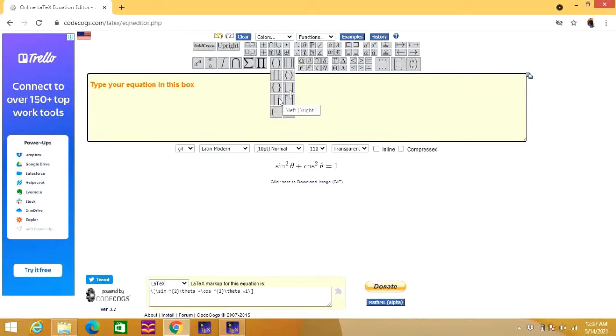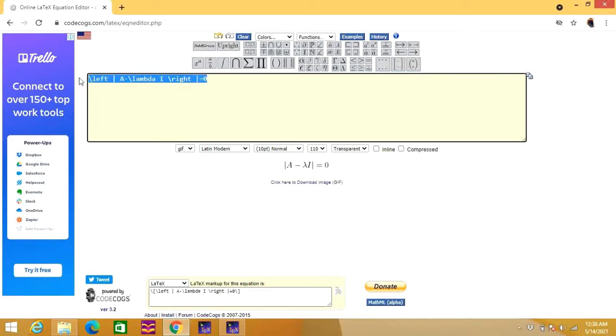So we can choose mod from here. Now we need to write A minus, you can directly write A, and minus you can also directly write. Now we need the term lambda. You can choose it from here, the lambda, and then we need to multiply I. So you are getting mod A minus lambda I equal to 0.